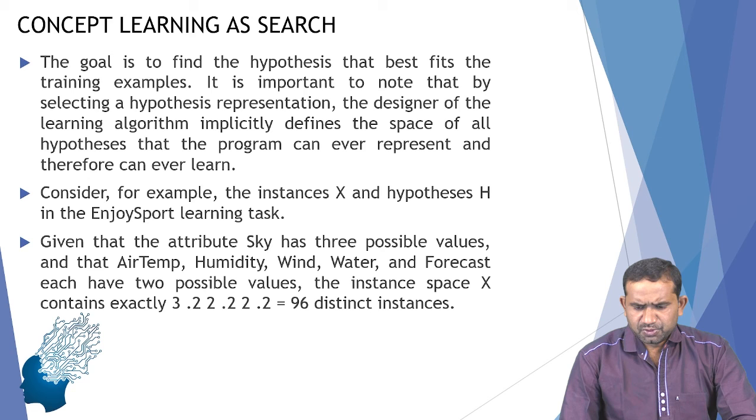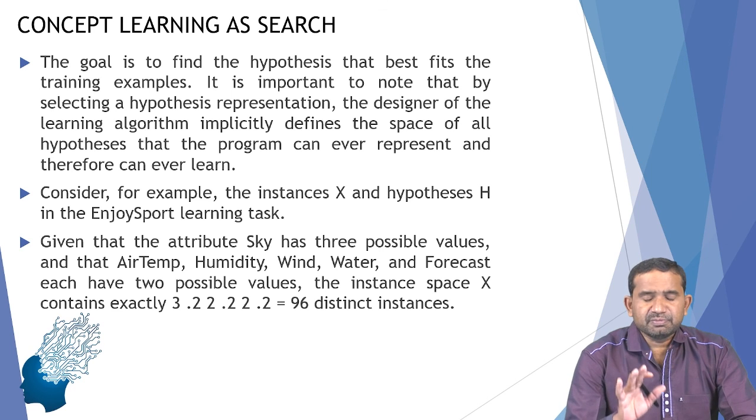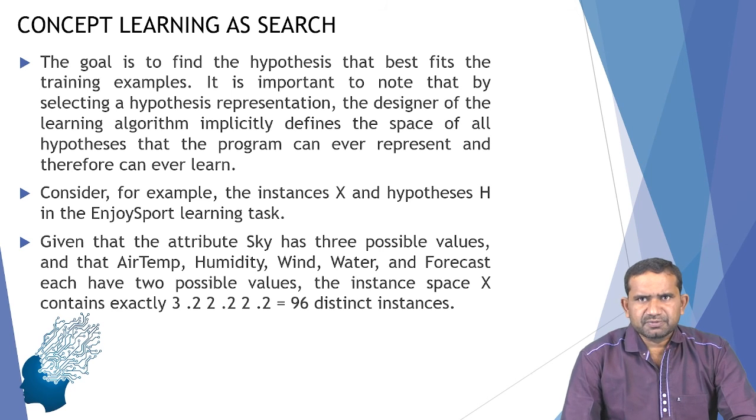It is important to note that by selecting the hypothesis representation, the designer of the learning algorithm implicitly defines the space of all hypotheses that the program can ever represent and therefore can ever learn. Concept learning is to find the best hypothesis for the training examples.